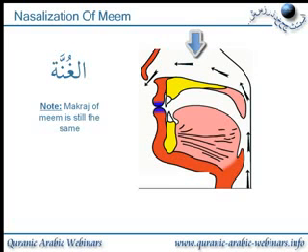Again, that will be for mim mushaddad. An example would be where you'll hear it in the Quran where they go amma, amma. Your lips are still coming together as the normal makhraj of mim, but you're vibrating the sound in your nasal cavity.